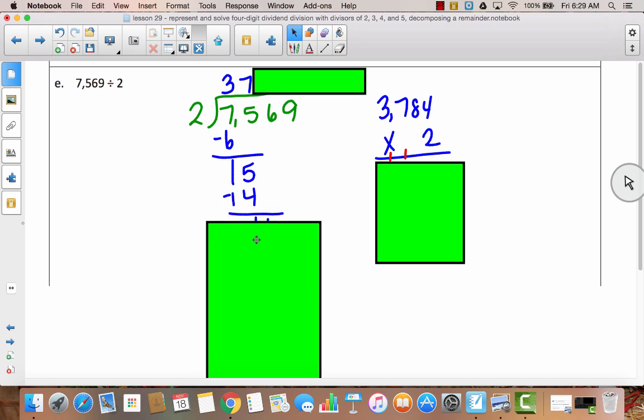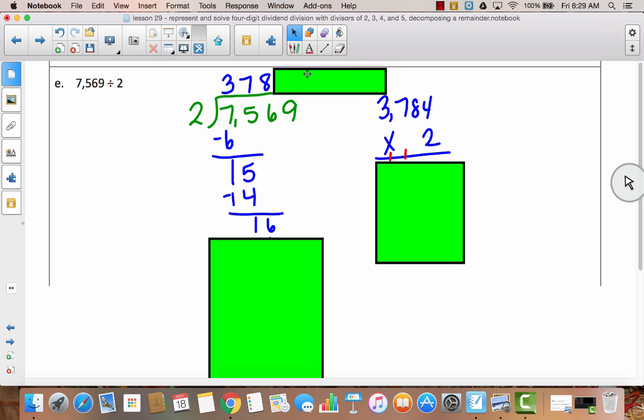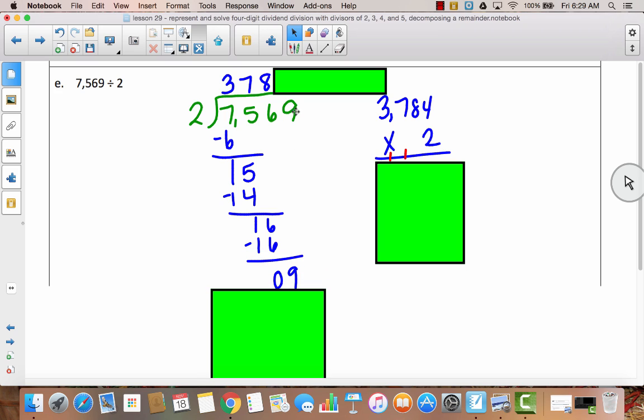And when I subtract, I'm left with 100, which I added to my 6 tens. And then I start over again. 16 tens divided by 2. That is 8. 8 times 2 is 16, which leaves me with no tens. So I go ahead and bring down my 9 ones. 9 ones divided by 2 is 4.